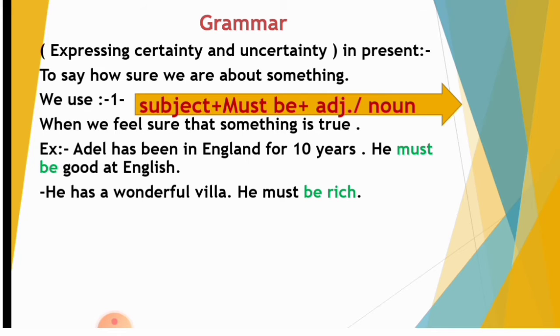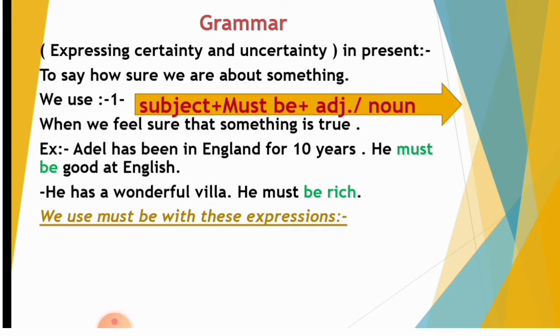The second sentence also is the deduction here. We use must be to express how sure we are about this thing. So we are very sure here, so we used subject must be plus adjective. We have some expressions that are equal in meaning to must be.